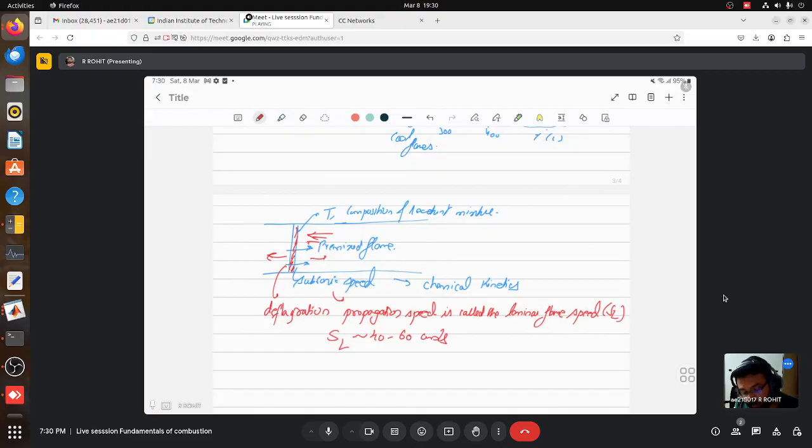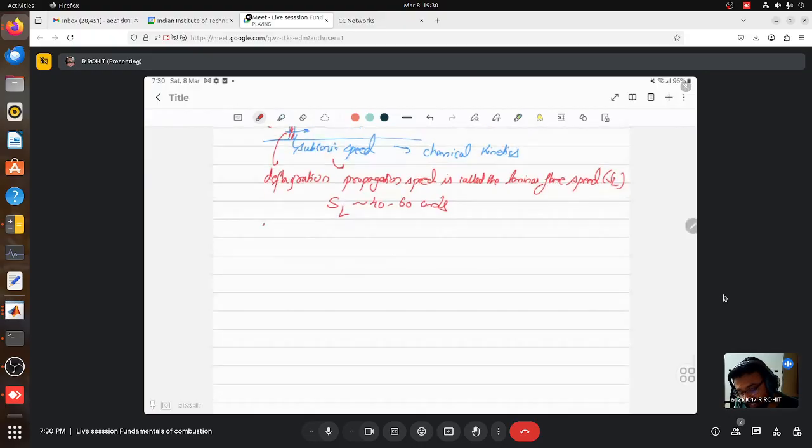So, the laminar flame speed is the speed at which the flame steadily consumes the reactant mixture.